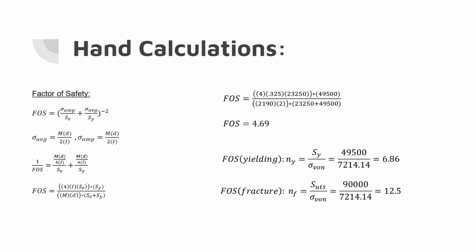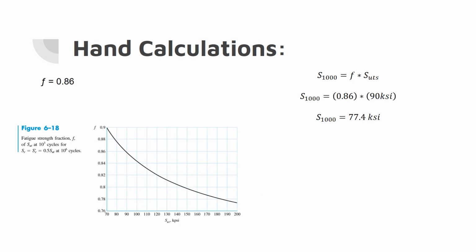Knowing that and knowing our von Mises stress, we're also able to obtain our factor of safety for yielding and for fracture. You can see all the factors of safety are well above our threshold of 3. So here's just to obtain our S1000. You can see using the ultimate tensile strength of 90 kpsi, we obtain the fatigue strength fraction of 0.86.